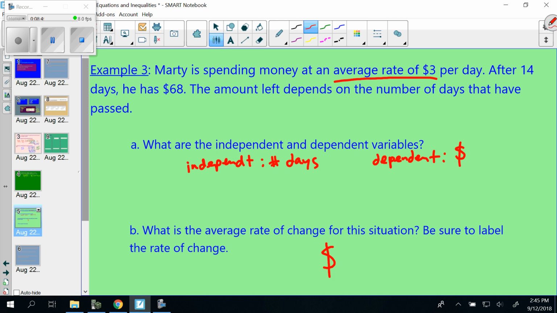It says Marty is spending money. If he's spending money, he's not putting money into his account, he's taking it out. So it's decreasing $3 per day, and our average rate of change, or our slope here, would be -3. It's going down 3 each day.